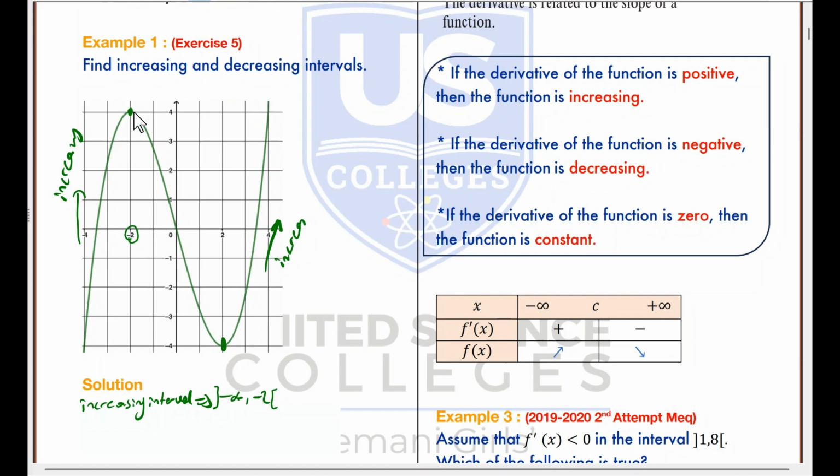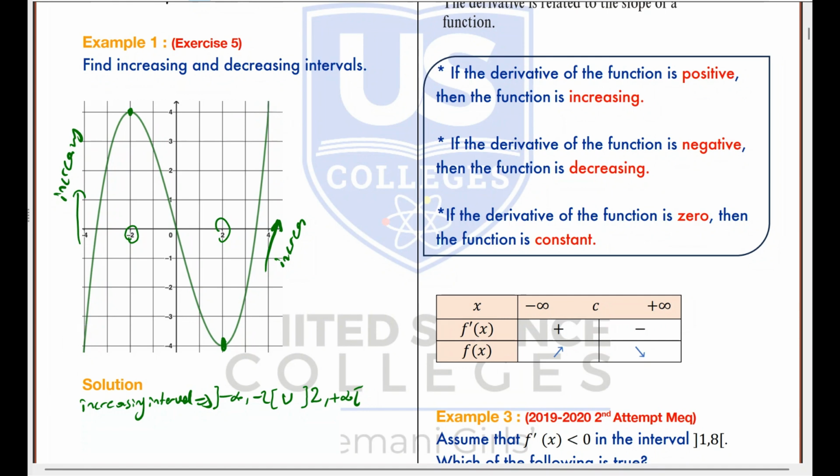The function there is constant, so we don't include these turning points. So negative infinity to negative 2, union the second part, which starts at 2. At 2, similarly, the function is constant, neither increasing nor decreasing, so we don't include this number. So 2 to positive infinity, exclusive. This is the increasing interval.